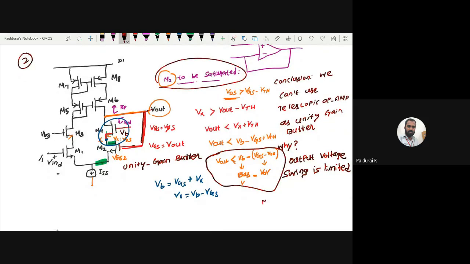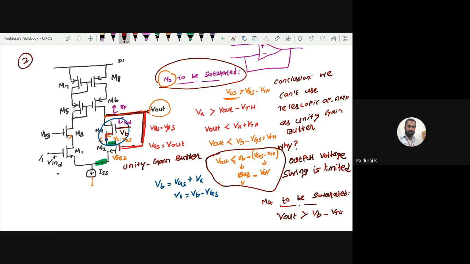Now what is the condition for M4 to be saturated? M4, right? Now this is my M4. So what is my output voltage VDS? This time it is V out. It is greater than, okay, the input is this VB, VGS is VB minus threshold voltage VTH.